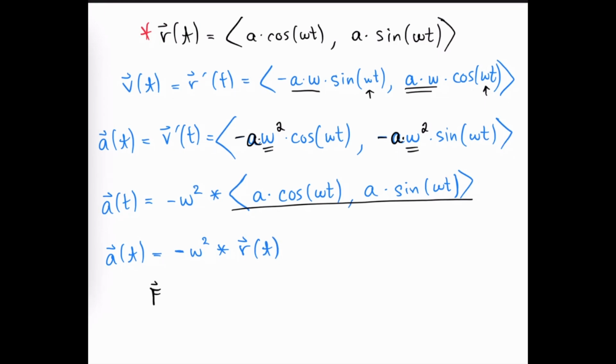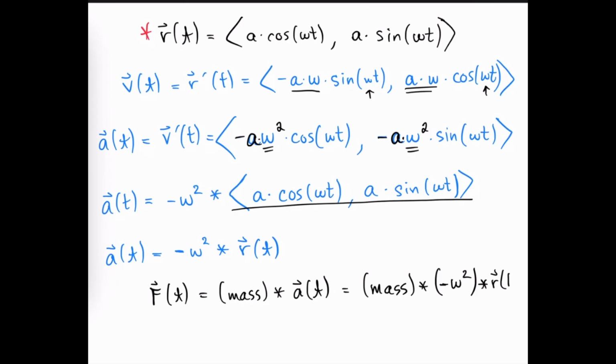Now, since that force vector function was, again, mass times the acceleration vector function, and we just found that acceleration vector function to be a constant multiple of the original position vector, let's clean this up one more step to see that we have negative omega squared times, I'm going to call this m for mass, which is a constant multiple of our original position vector.